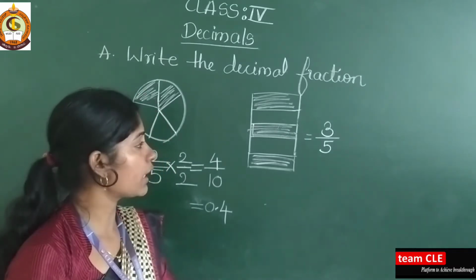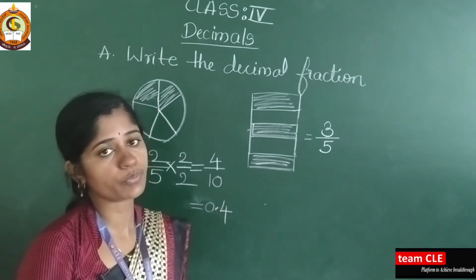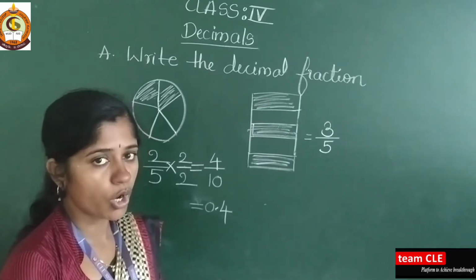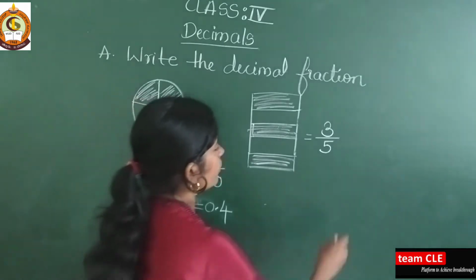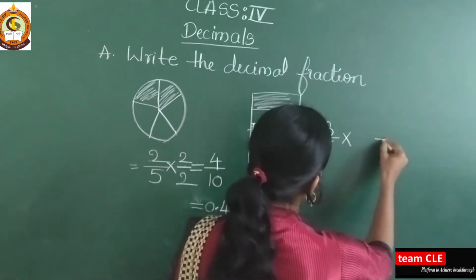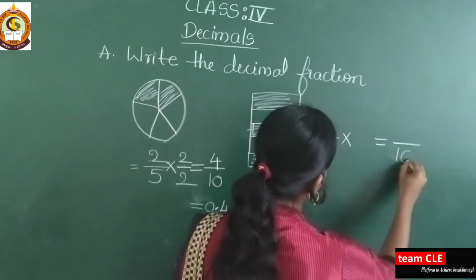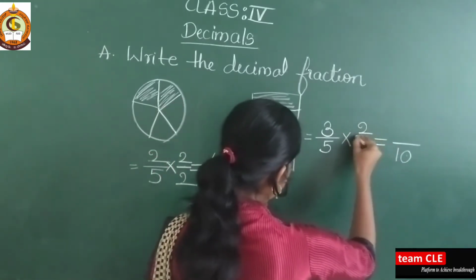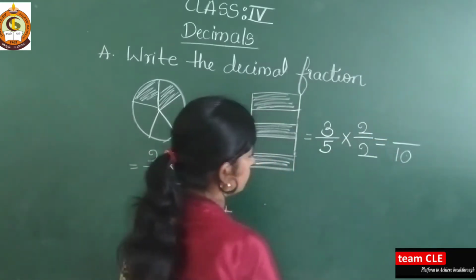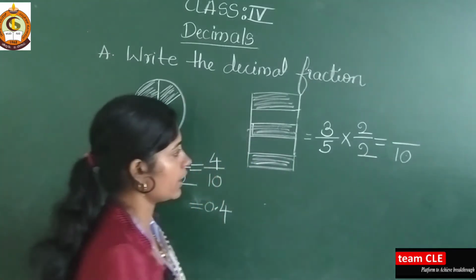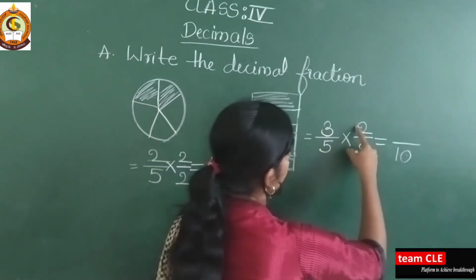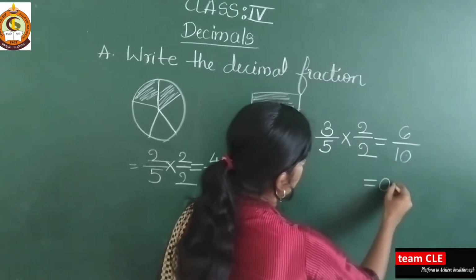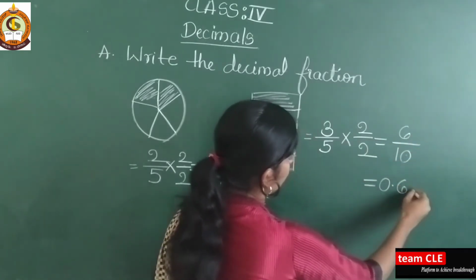To convert fractions to decimals, we need the denominator in the form of 10, 100 or 1000. So here you have to write 10. 5 times 2 is 10, and you take the same number for the numerator also. 5 times 2 is 10, 3 times 2 is 6. So 6 by 10 is there, and its decimal form is 0.6.